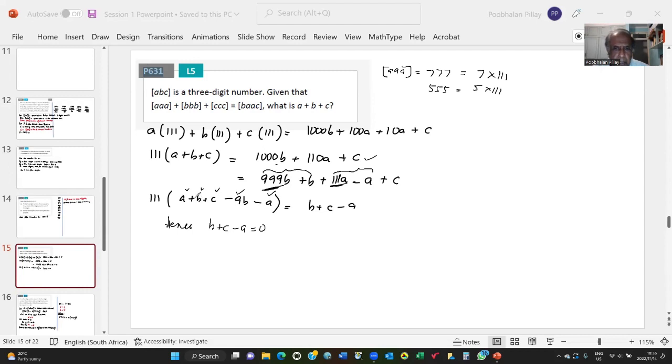Now from here, you can say that A is equal to B plus C. So this is 0, and it means that this is also equal to 0.